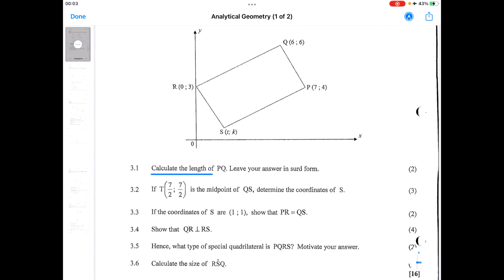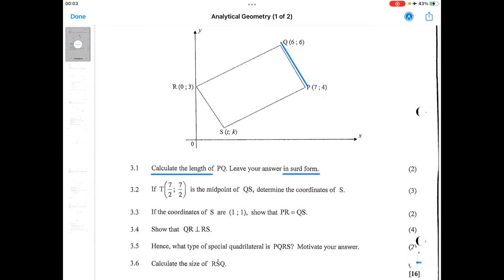Where's P? Okay, there is P, and then there is Q. So that is the length they want you to calculate. And most importantly, they want you to leave your answer in surd form.